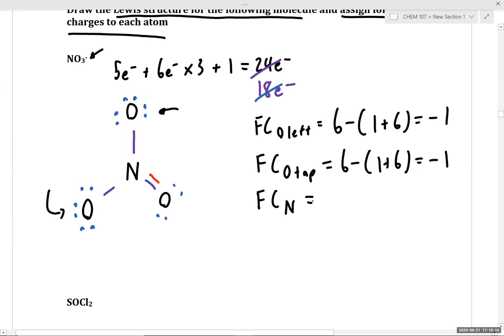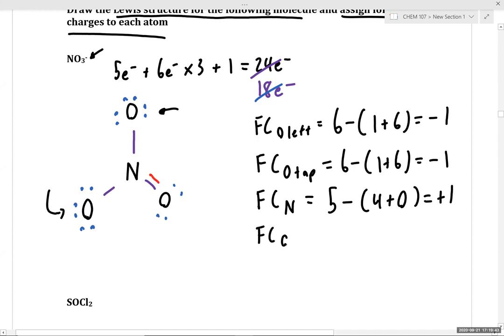What is nitrogen's group number? 5, okay. How many bonds do we form? 4, okay. And we have 0 lone pair electrons on nitrogen. So that gives us a formal charge of +1.